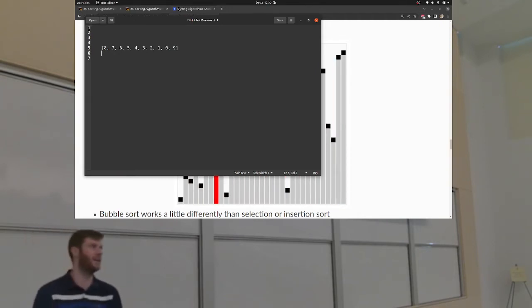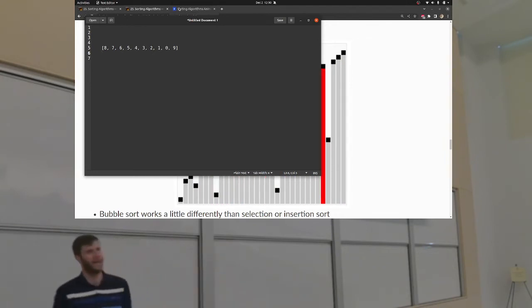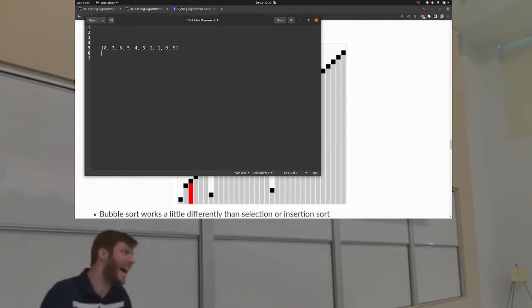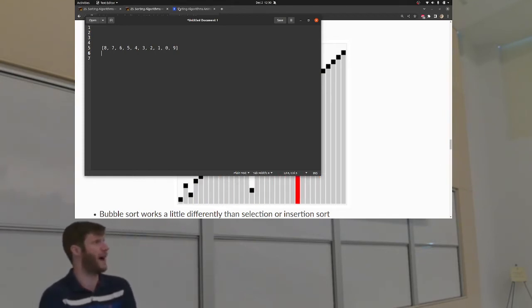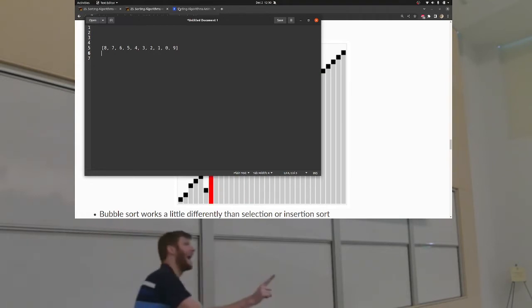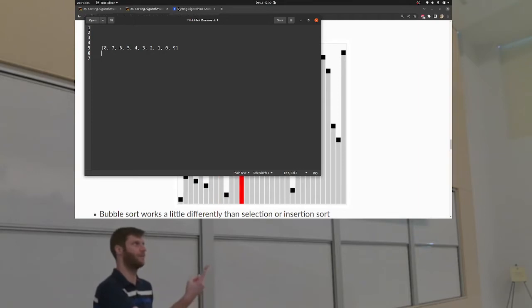9 will have been bubbled up to the top. And now 9, the thing at the end, is where it belongs. Would you agree with that? Yes. So after one pass, one thing is where it belongs.